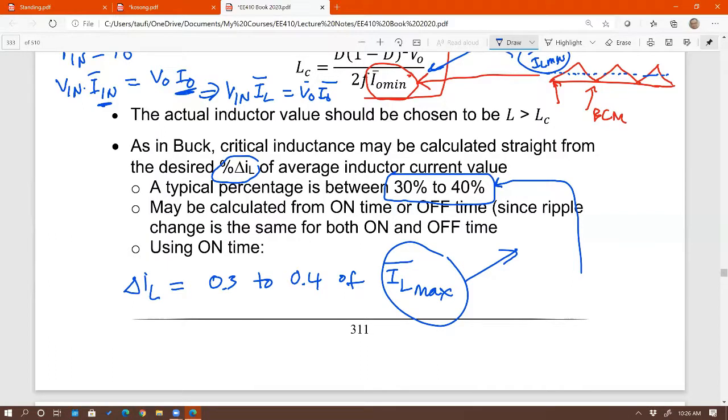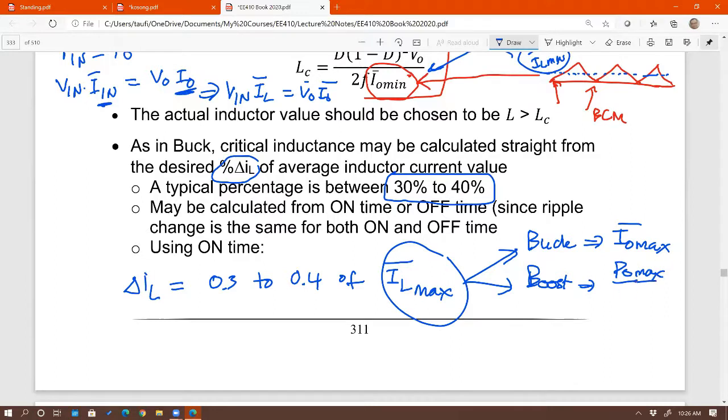It's going to be the same as I out max. For a boost, that's going to be P out max over, we learned it earlier, V out. V in min. Yeah, V in, oh my God, yeah, you got it. I put V out min, it should be V in min. Very good. You've been paying attention, very good.